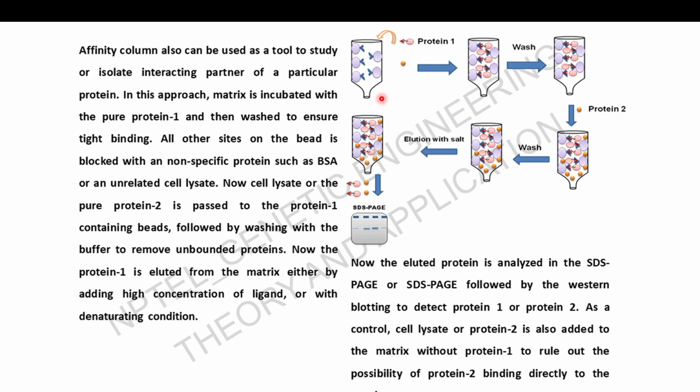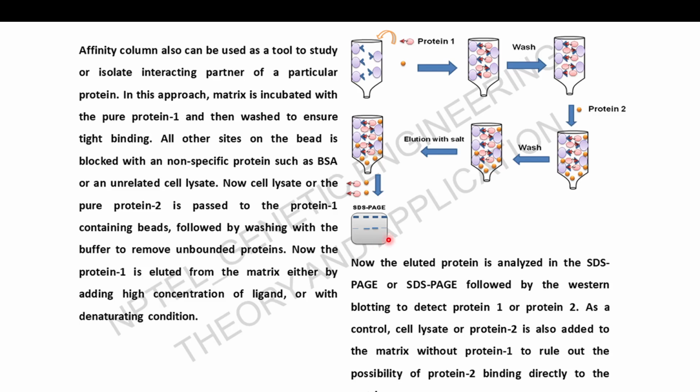But if that particular protein is interacting with some other ligand or some other protein, then you are not able to really purify that particular protein alone. Or suppose you want to just study the interaction of that particular protein, then that protein will also be interacting with your histidine tagged protein, and together this can be eluted out. Okay. And finally, you will be analyzing the same thing on SDS-based gel.